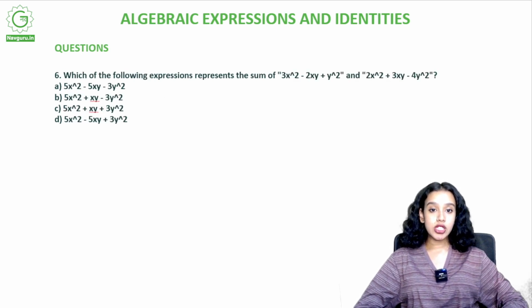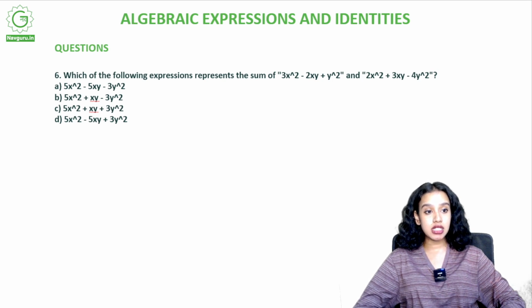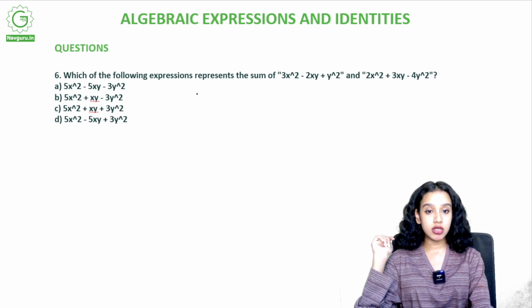Now, which of the following expressions represents the sum of 3x square minus 2xy plus y square and 2x square plus 3xy minus 4y square? We take the like terms and add them. We have to find the sum. So what are the like terms here? We have 3x square plus 2x square, which is equal to 5x square.